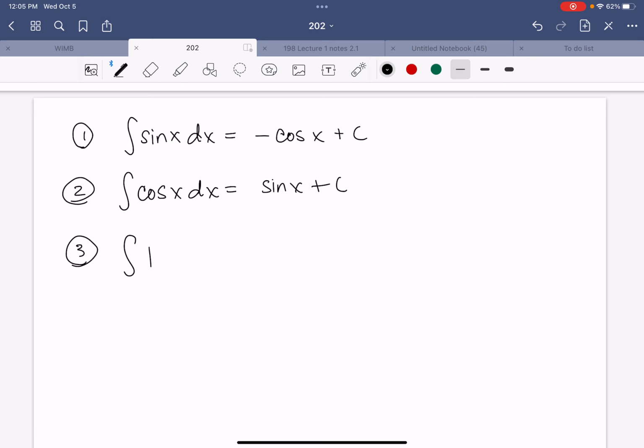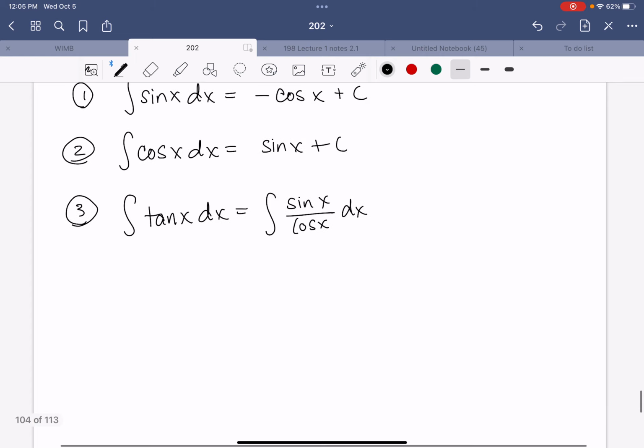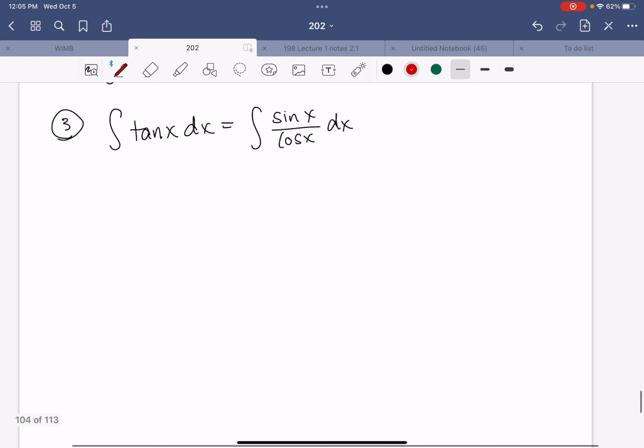So the integral of tangent x dx. Typically our strategy with trig functions, particularly when they don't have powers, is that we want to convert to sines and cosines. So we're going to change the tangent to the sine of x over the cosine of x dx. From here, we're going to use a u substitution.